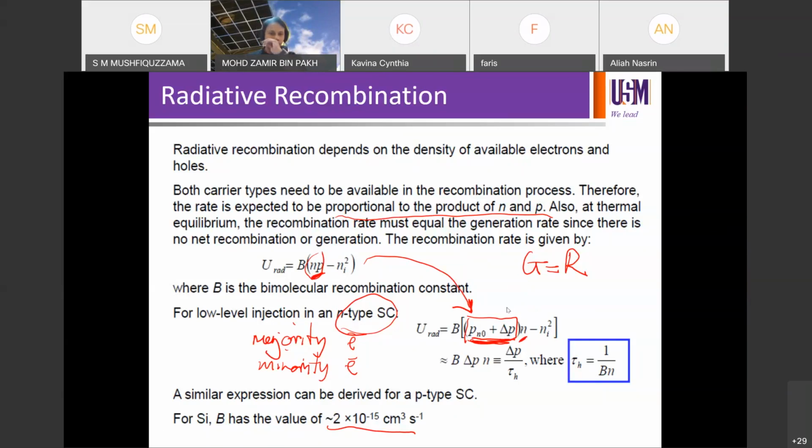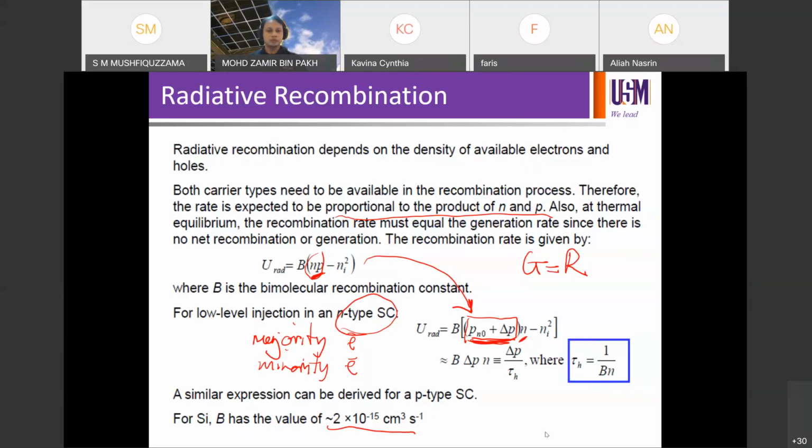Okay, and this calculation can be simplified further to B times delta p, because p_n0 is way smaller than delta p, times n, and can also be equated to delta p over tau_h, or lifetime of the hole as the minority carrier, where tau_h is equal to 1 over the constant times the density of electrons.